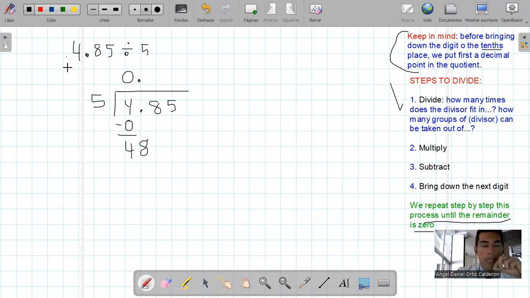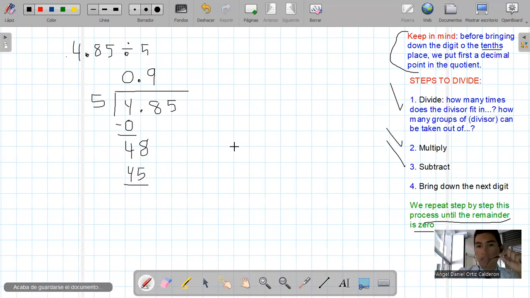First, we have to divide: how many groups of 5 can be taken out of 48? Well, we know that 9 times 5 equals 45. So 9 groups. Now, the second step was to multiply: 9 times 5 equals 45. The third step is to subtract.